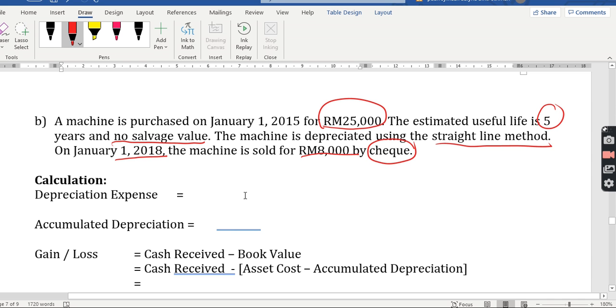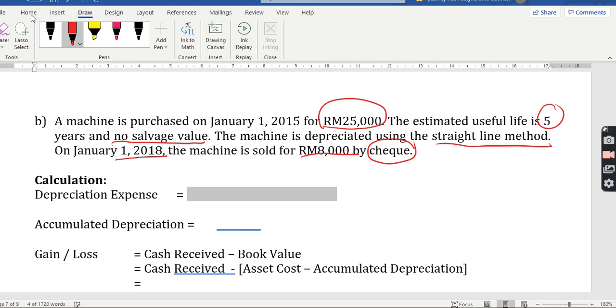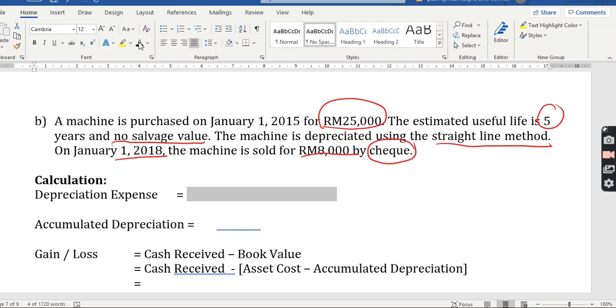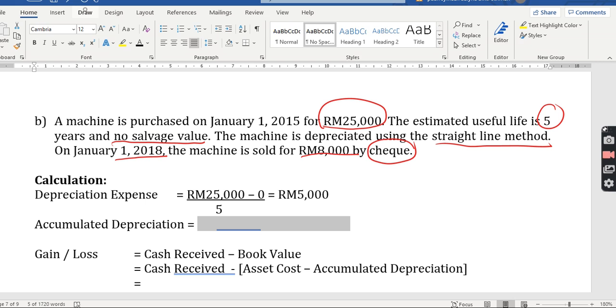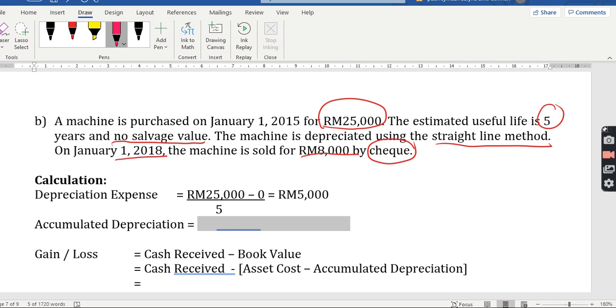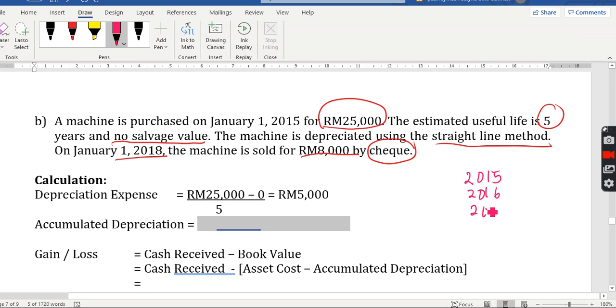Alright, so I need to calculate the depreciation expense for 1 year. My depreciation expense for 1 year is 5,000. Since we are selling the asset on 1st of January 2018, that means the asset was already depreciated for 3 years: 2015, 2016, and 2017.